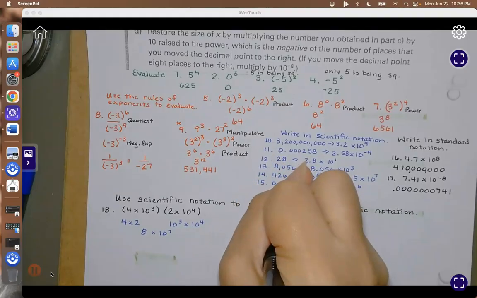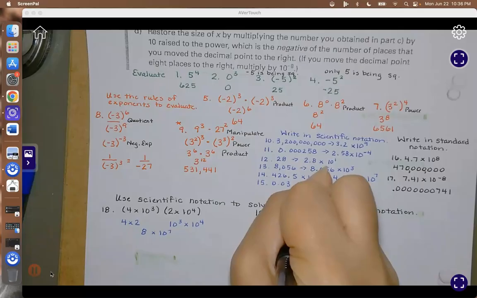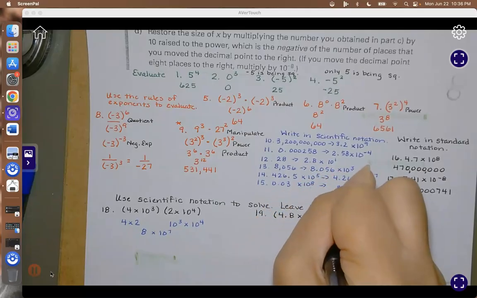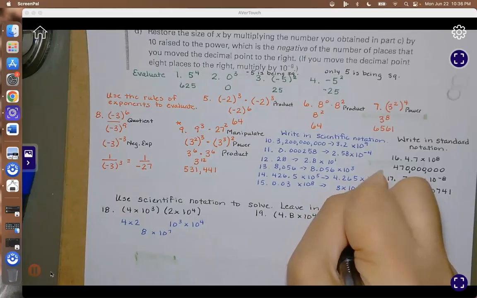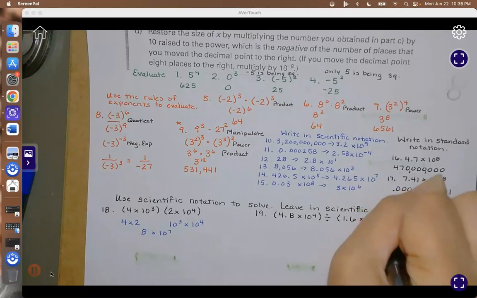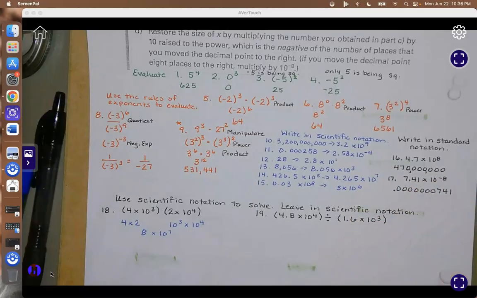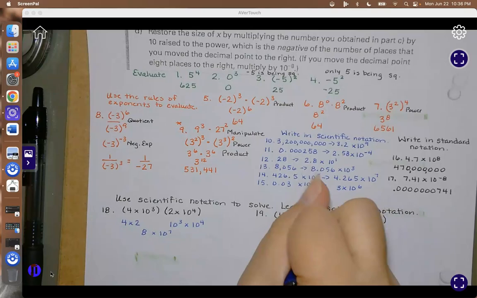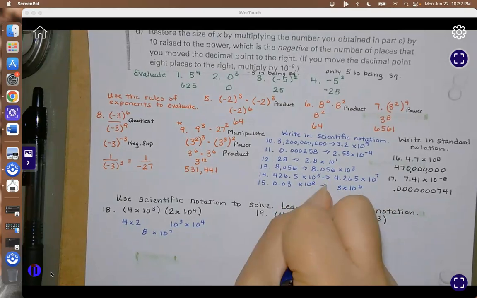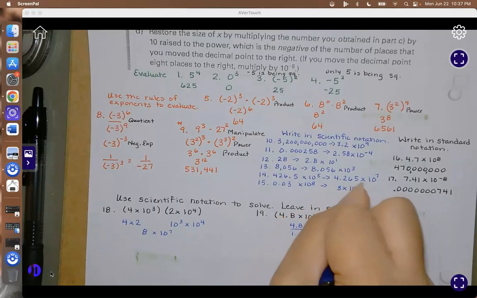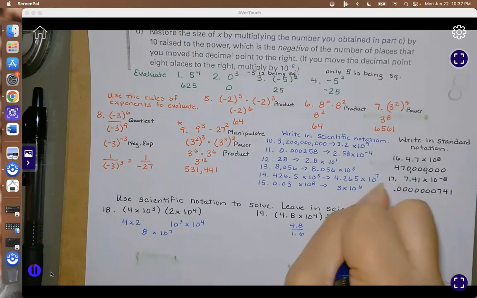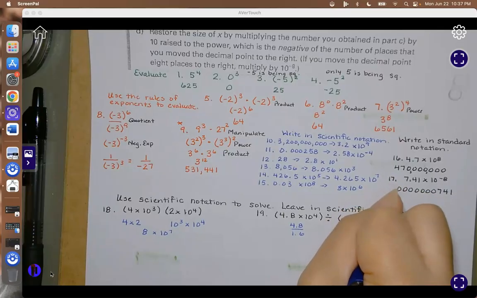Okay, so for 19, we have 4.8 times 10 to the 4th divided by 1.6 times 10 to the 3rd. So again, we're going to take 4.8 and divide it by 1.6, and then we're going to do 10 to the 4th divided by 10 to the 3rd.